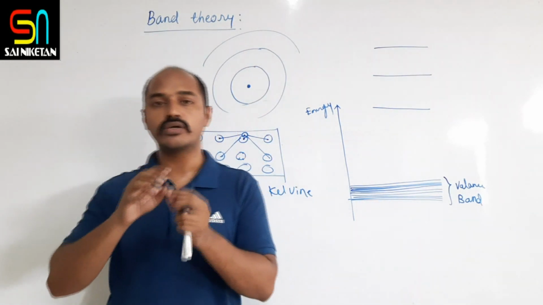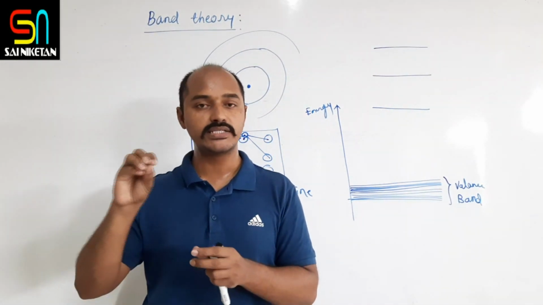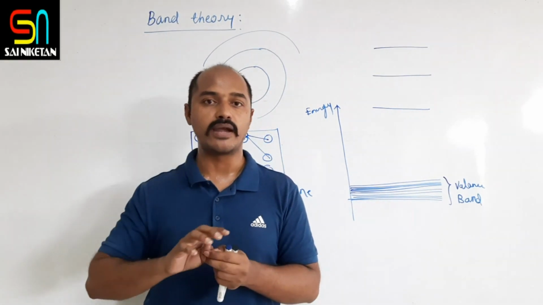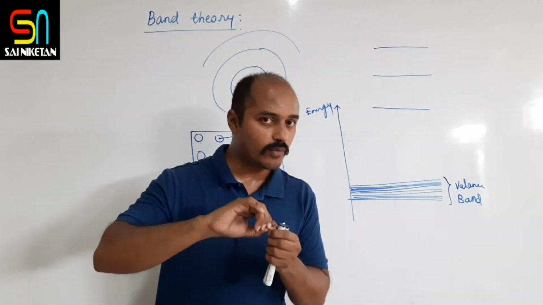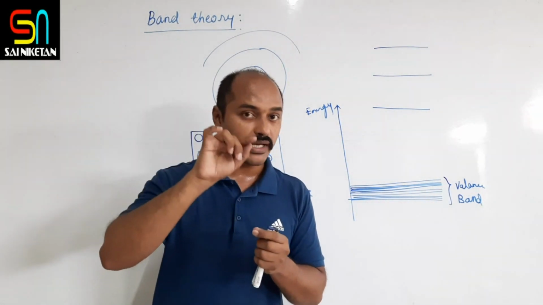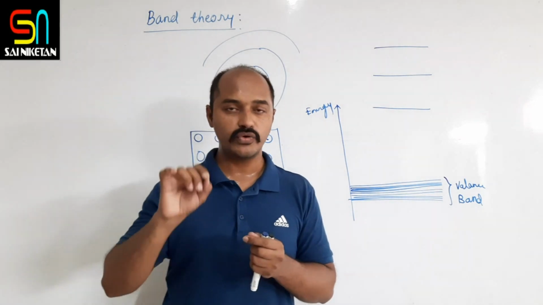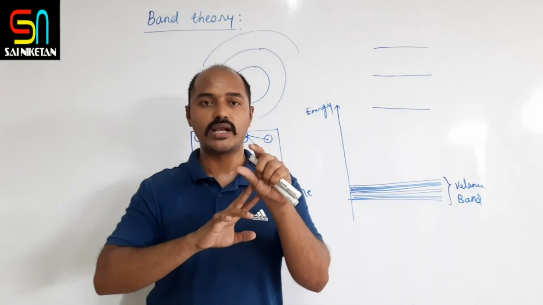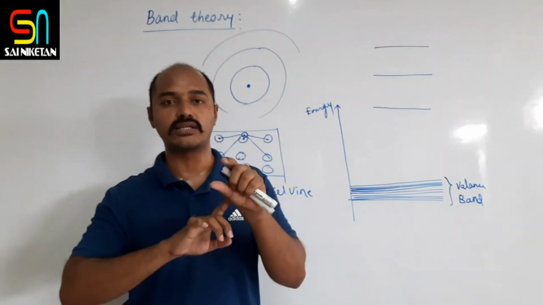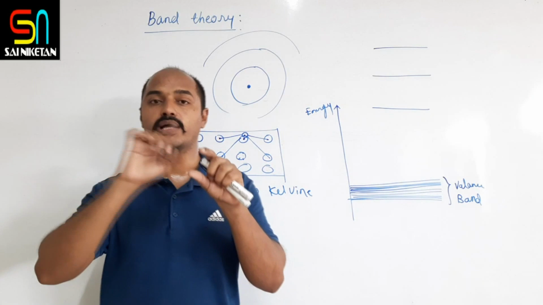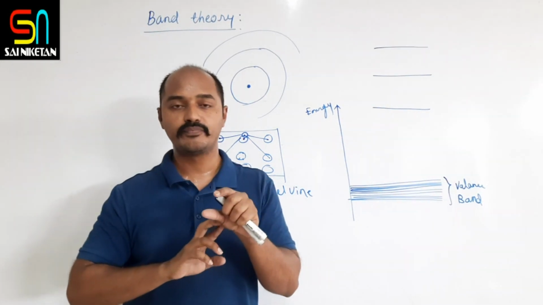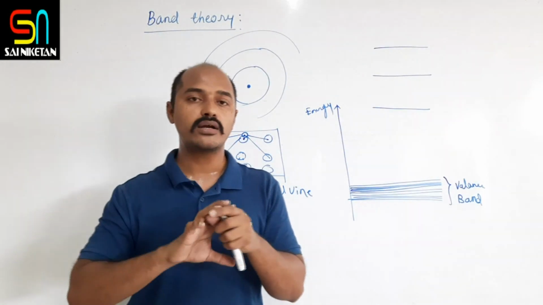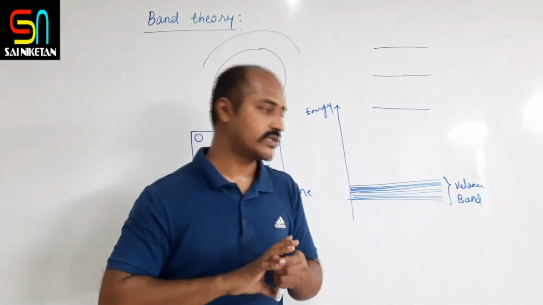So the electron absorbs energy from the room temperature and gets free from the valence band. If an electron gets free from the valence band, a vacancy is created. When an electron goes out of the valence band, a vacancy is created inside that valence band. That vacancy is nothing but the hole. Holes are the absence of electrons.